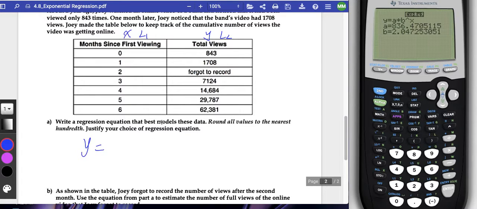And then what we need to do is, since a and b are given here, I'm going to put the values into this equation here. And also the question says round all values to the nearest hundredth. To the nearest hundredth, so each value I'm going to round as it says.